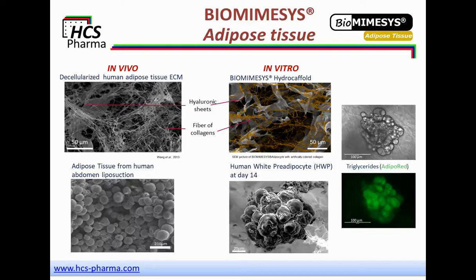And on the right, the images show you the spheroids within Biomimesis, and the AdipoRed staining, shown here in green, shows a normal accumulation of lipids, of triglycerides more particularly, within the spheroids of adipocytes, which is what we can expect from such cells.